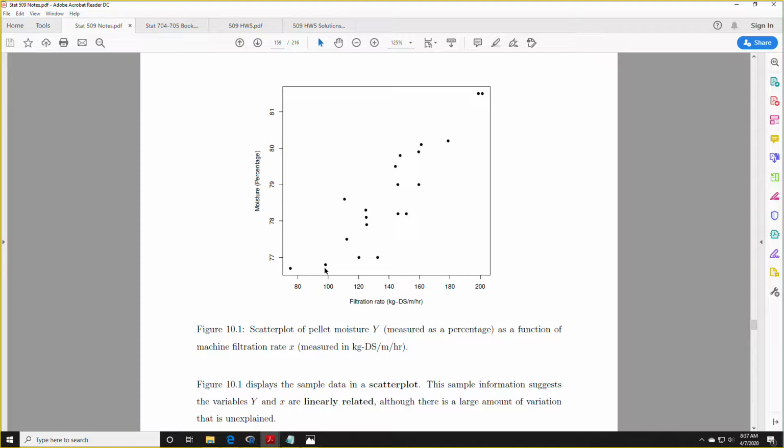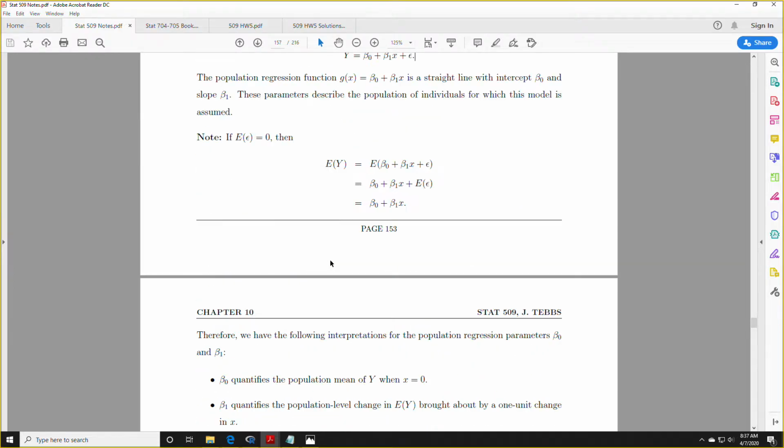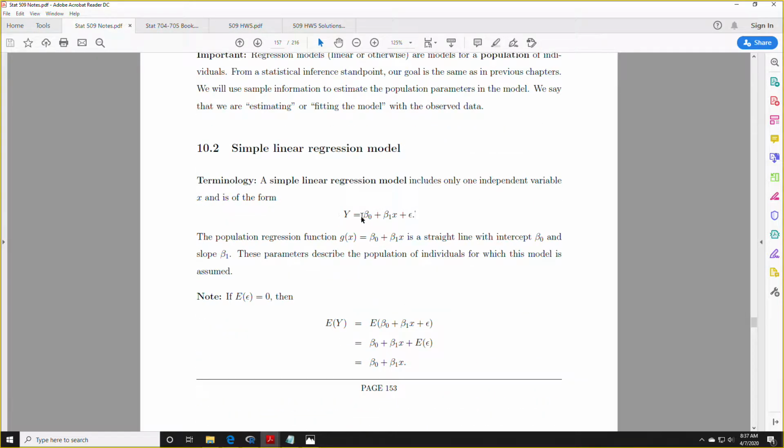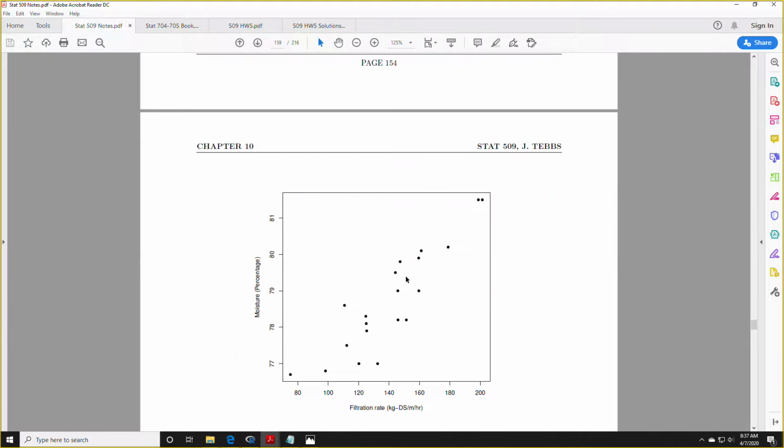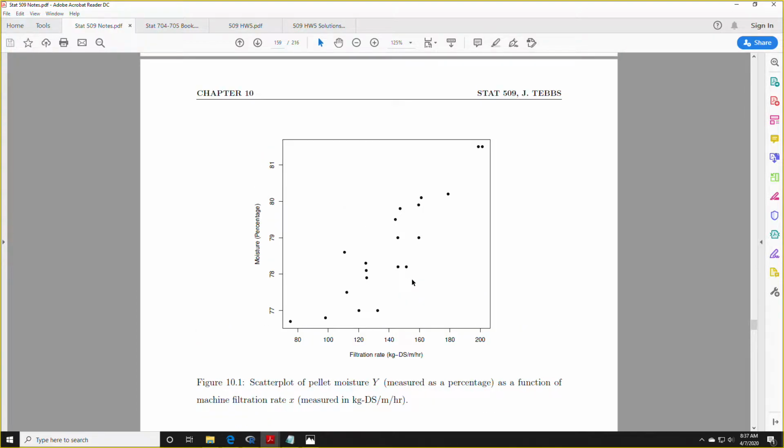With complicated models, the parameters, such as in this case beta naught and beta 1, don't have nice interpretations, as they do in simple linear regression. Beta naught is the intercept, beta 1 is the slope, and those have really nice interpretations in real life. But if we start fitting more complicated models, the interpretations kind of go out the window.